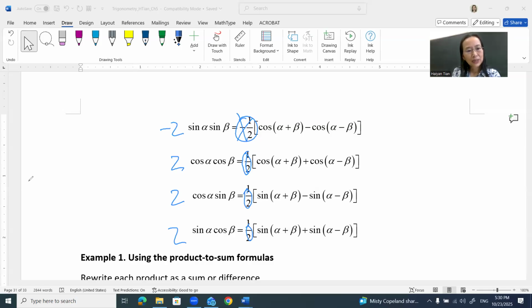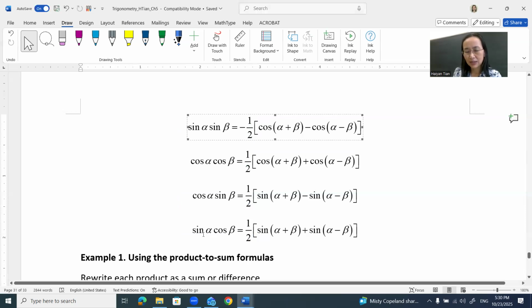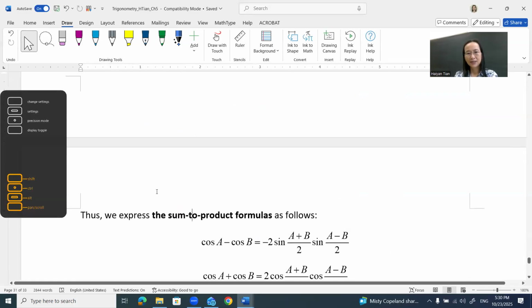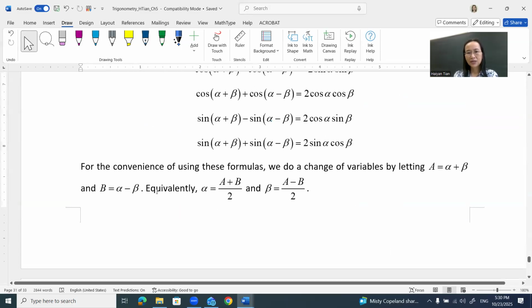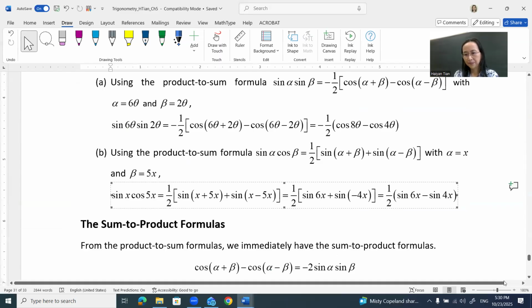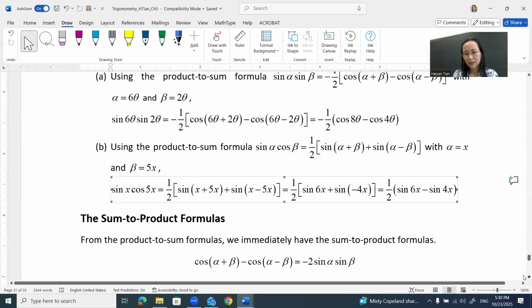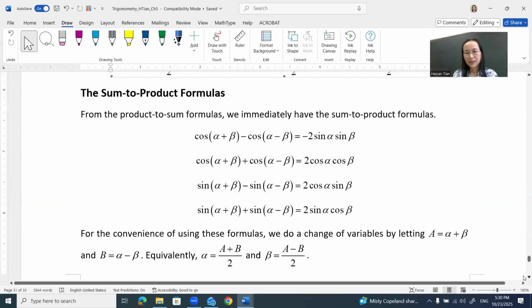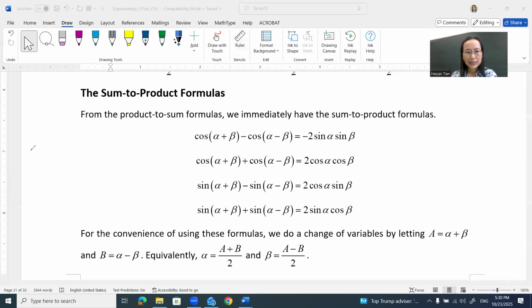So we just put these formulas this way, and we can see the same four formulas except the 2 is now on the other side.